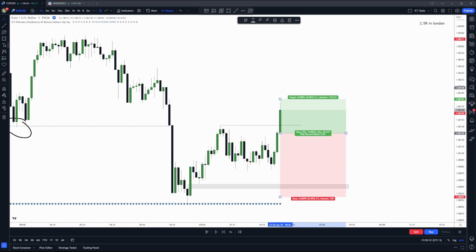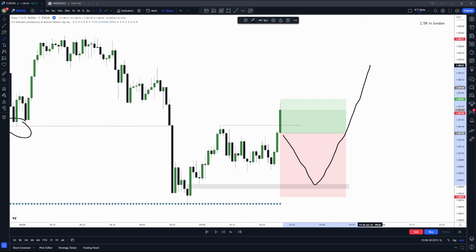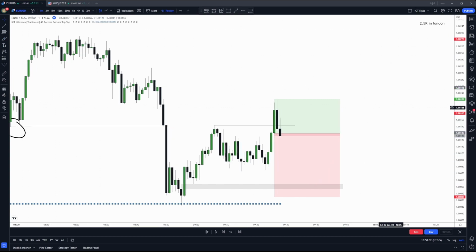I would expect price, if it were to come into that, to do something like this. Tap into here and then move back up. So I think our stop is really decent, and if this fails, then that will probably mean that our direction for the day was wrong, and we just have to live with that.